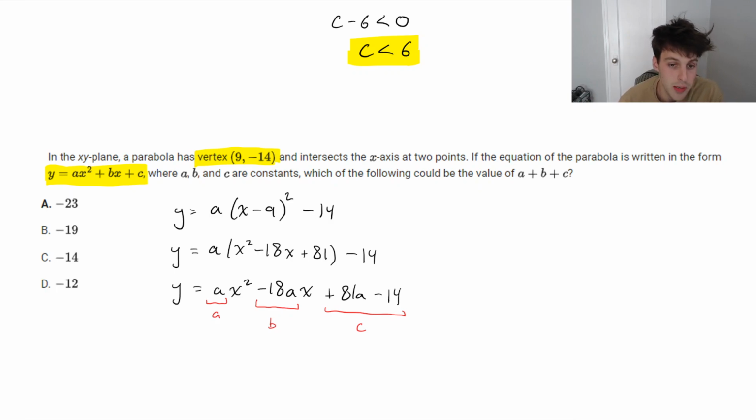They will be equal to our c. So from the first equation, we get a equals a. That doesn't help us. But from the second one, at least we get b is equal to minus 18a. And from our last equation, we get c is equal to 81a minus 14.